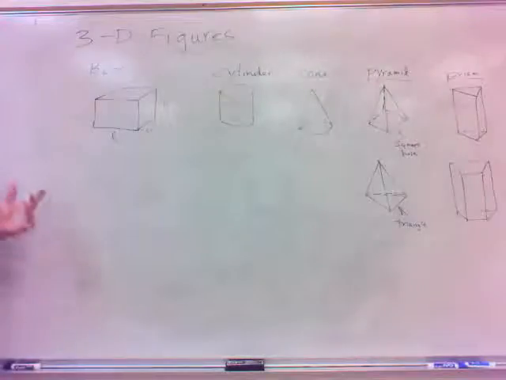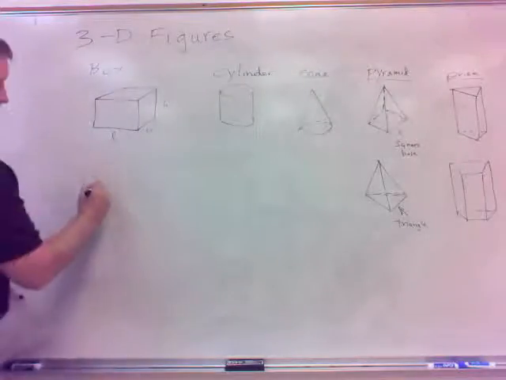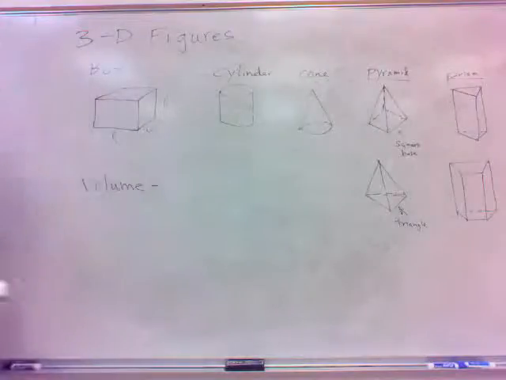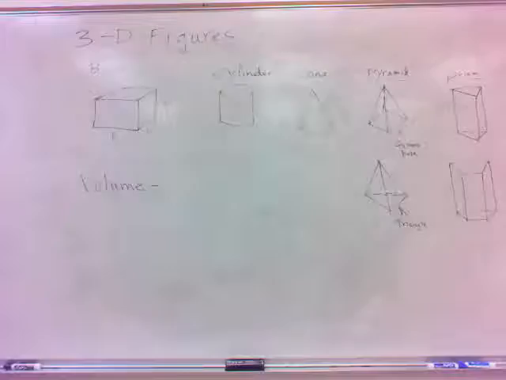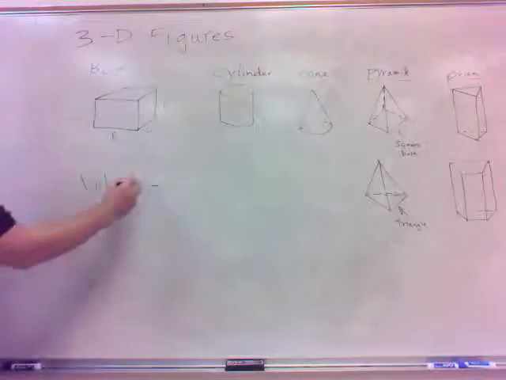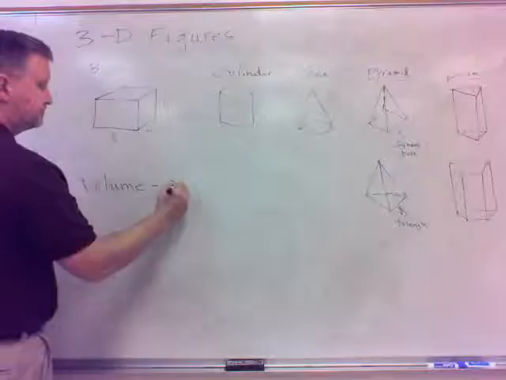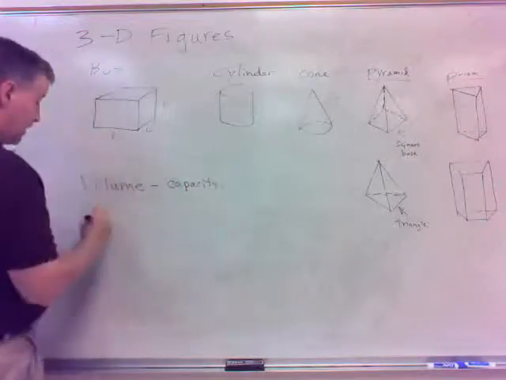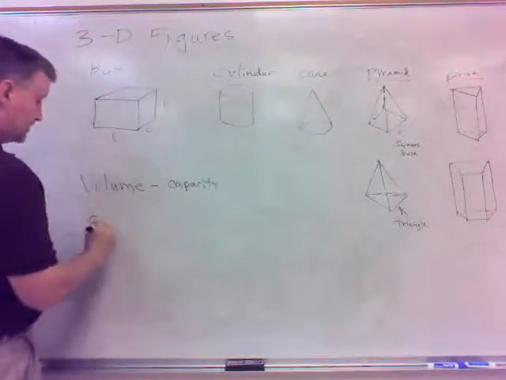What is the volume of these things? So volume is one aspect that we'll talk about for three-dimensional figures. And the other, capacity, let's just say how much it'll hold. And then we'll also talk about the surface area.